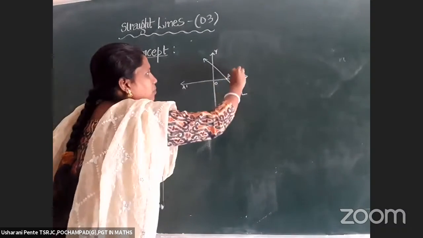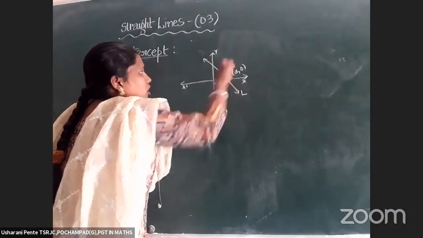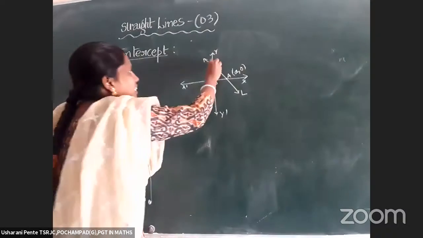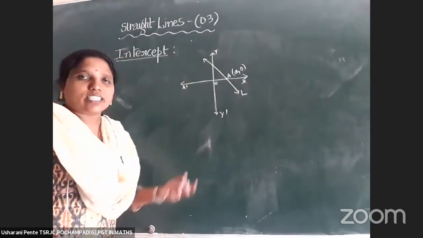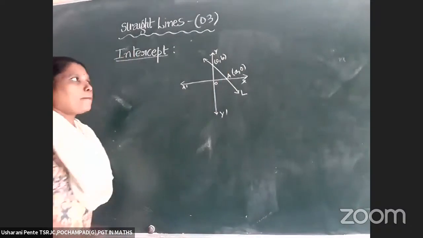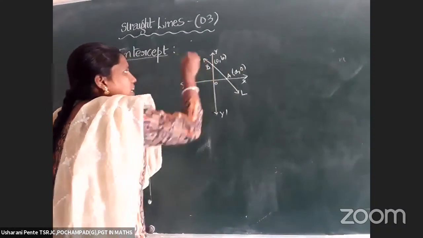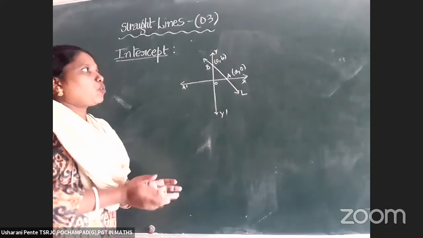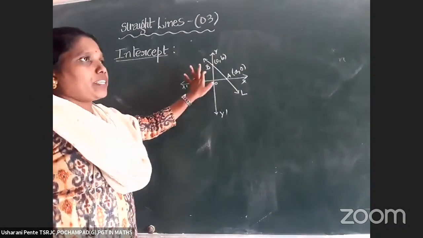Here, instead of that, I am taking A comma 0, and the point where it intersects the y-axis, I am considering as 0 comma B, and this point I am taking as capital B.